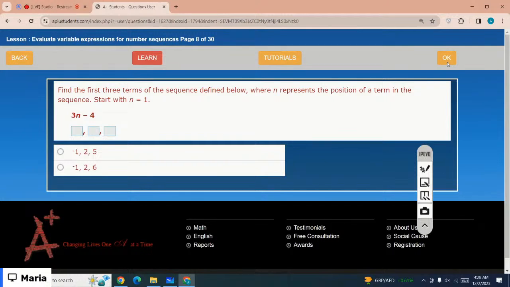Find the first three terms of the sequence defined below where n represents the position of a term in the sequence. Start with n equals 1. So which is the correct option?